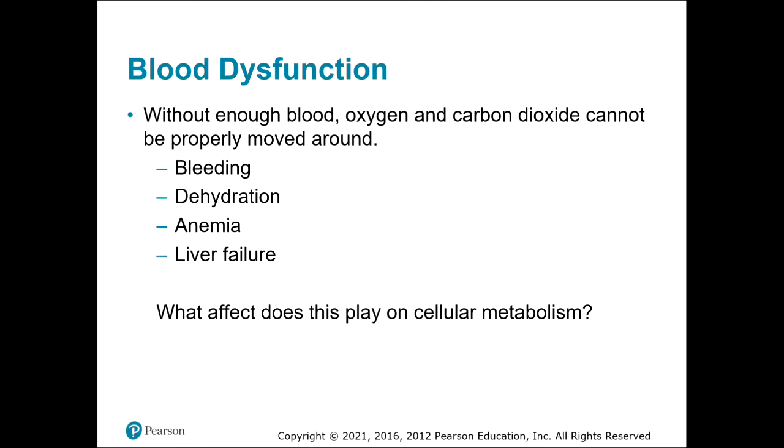Anemia. What is anemia? Decrease in your amount of red blood cells. Decreased red blood cells. So there's actually two forms of anemia. Sickle cell and regular. So sickle cell anemia, that's a good one. What is sickle cell anemia? Your red blood cells aren't shaped correctly, so it's hard for them to carry oxygen. Yep.